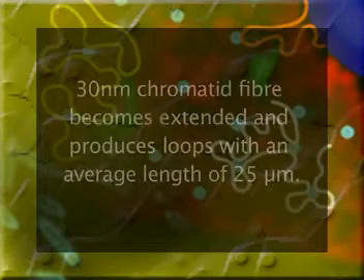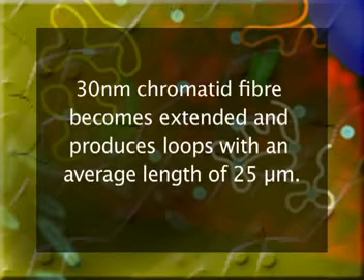When the histones are removed, the DNA, which has packed about 40-fold in the 30 nm chromatin fiber, becomes extended and produces loops with an average length of 25 micrometer.